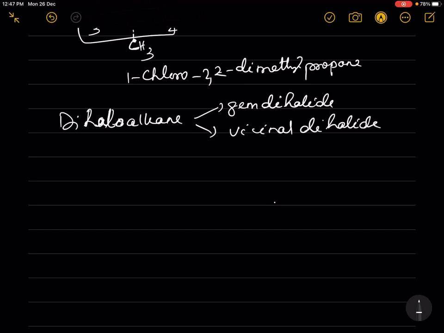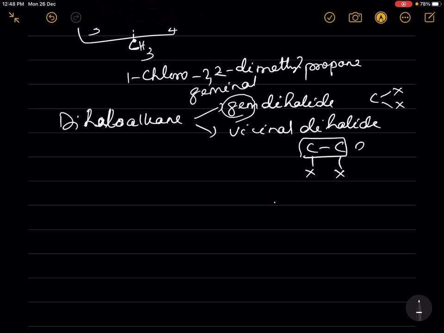Gem means the same carbon contains two halogen atoms. Vicinal means two adjacent carbon atoms contain two halogen atoms. Gem word is from geminal. Adjacent means nearby.